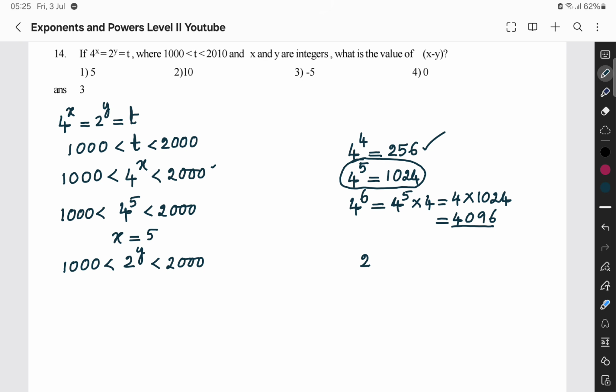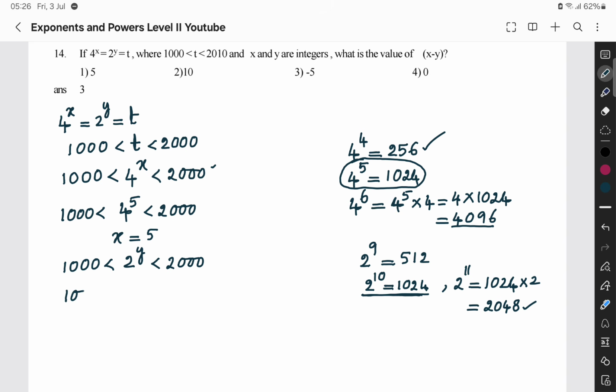So 2 power 9, you can see 512, and 2 power 10 is 1024, and 2 power 11 is 1024 into 2, so that is 2048, which is greater than 2000. So this is the only option which satisfies the given condition.